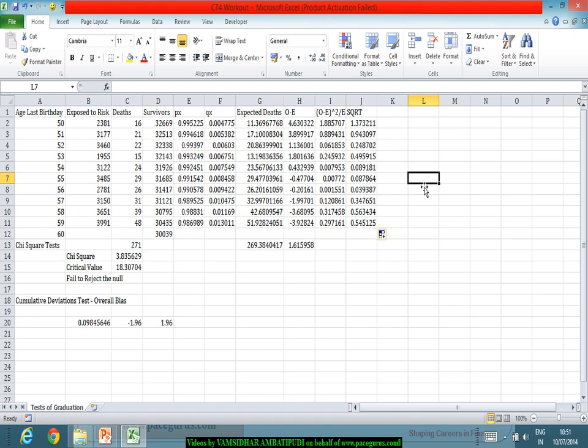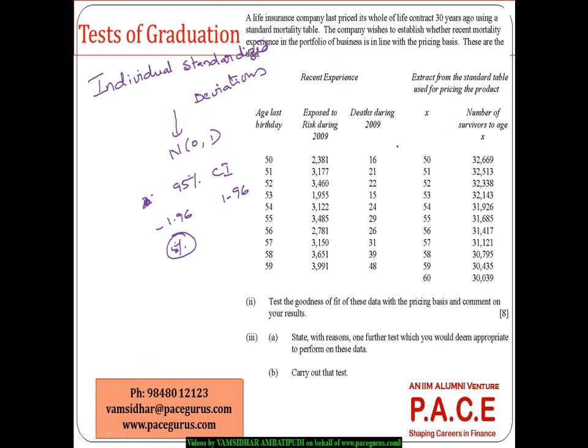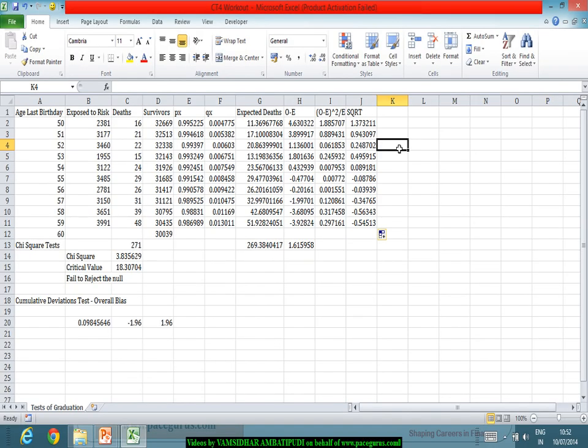Looking at observed minus expected divided by the square root of the expected, so that I don't ignore the positive and negative sign, it is quite clear that there is not even a single value lying outside the plus or minus 1.96 range.